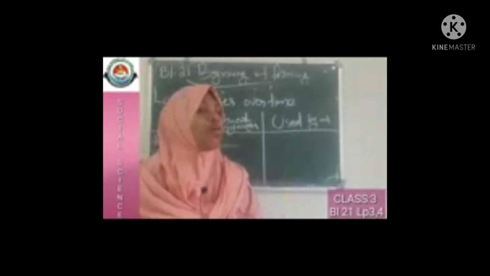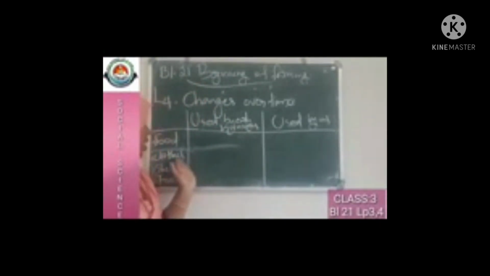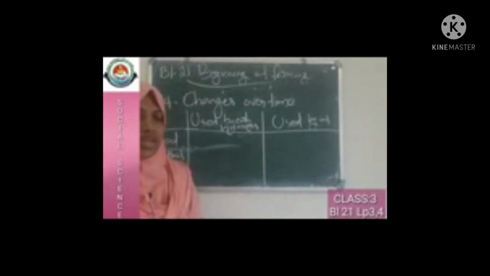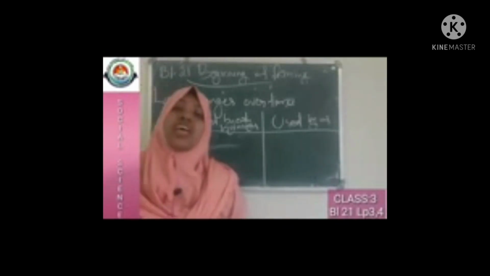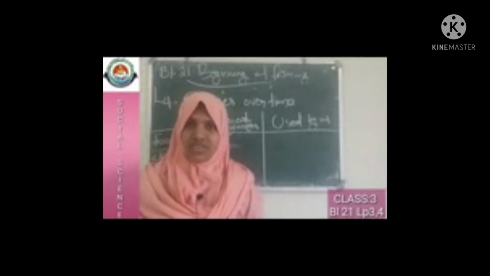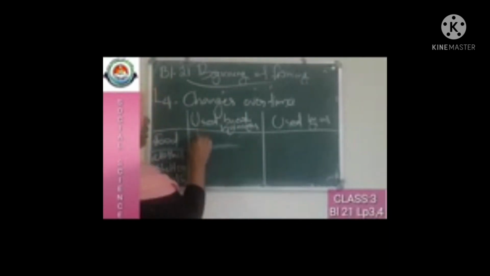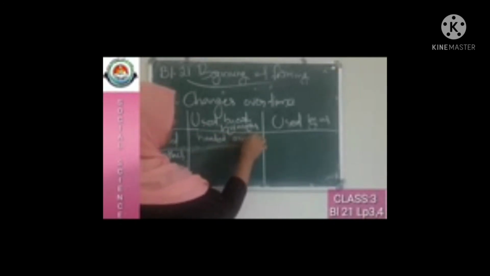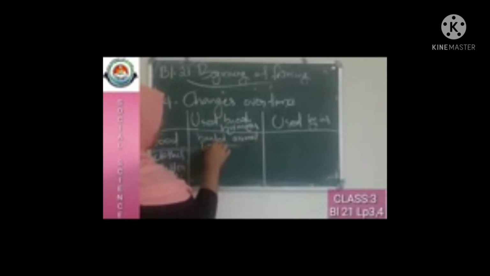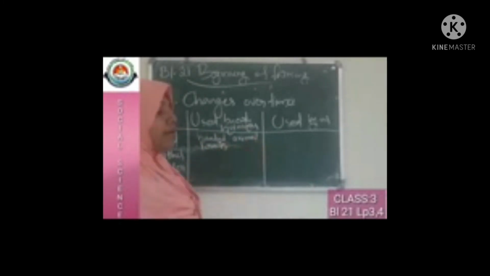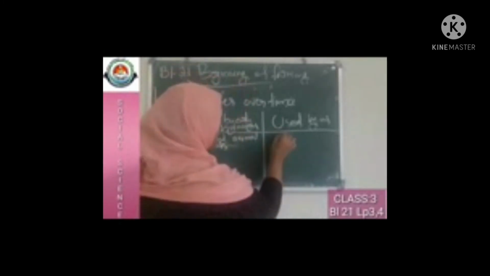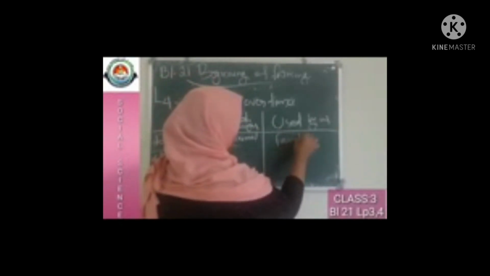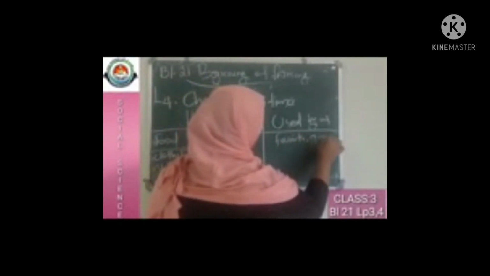Let us check how the food, the clothes, the shelter and the tools are different from those of early humans. What type of food did they eat? Hunted animals, then fruits. What about us? Fruits and grains.